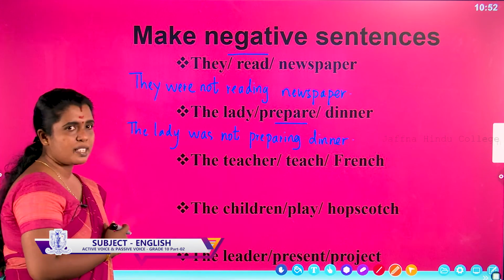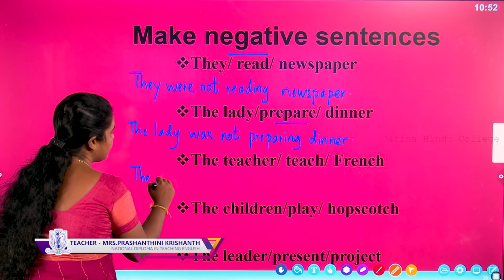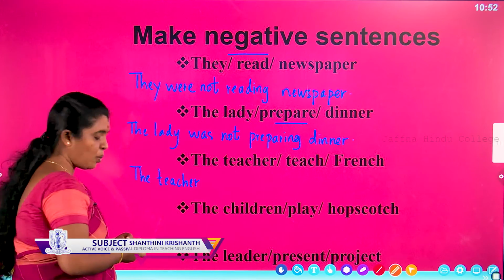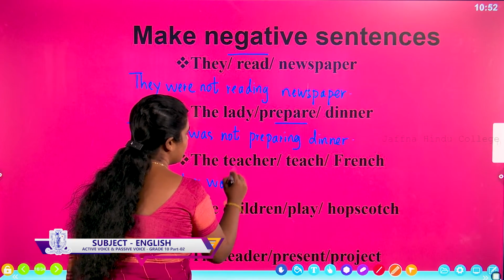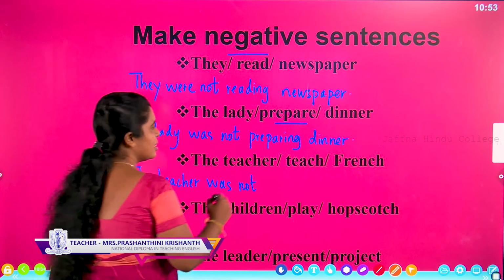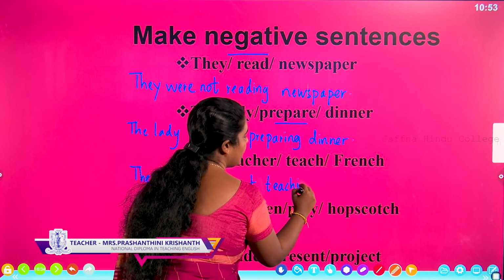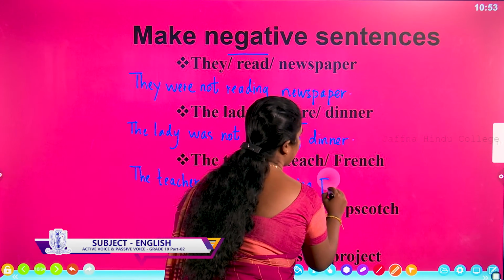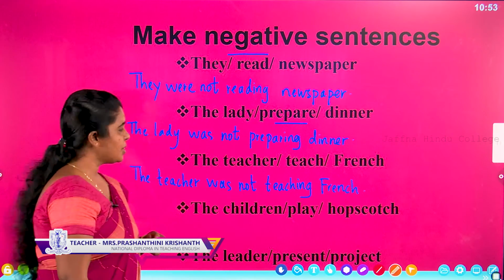Next one, the teacher teach French. These are the clue words given for you. So, the subject, the teacher, was or were, was, the teacher was, negative form, was not, teaching, right? You have to add ing, teaching French, right?